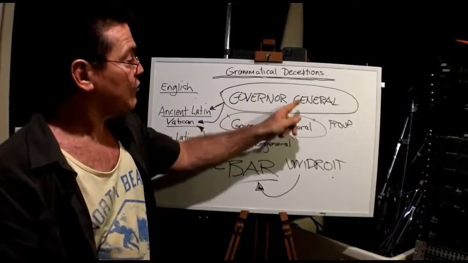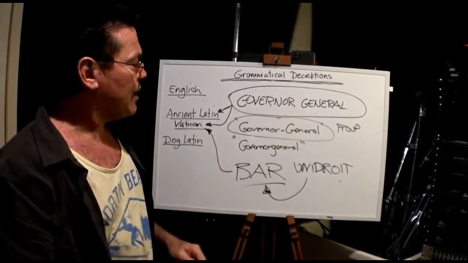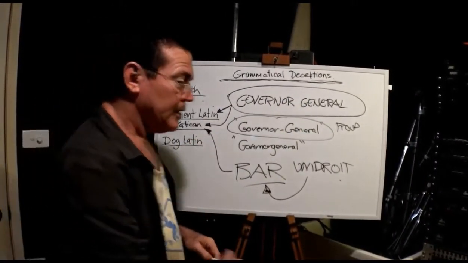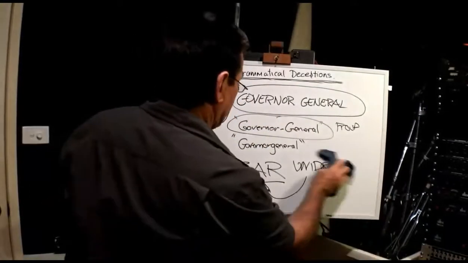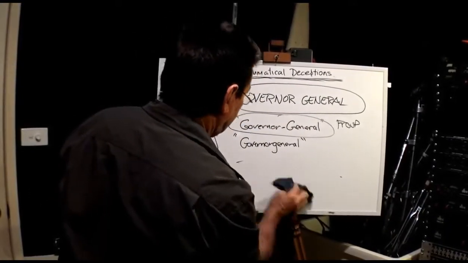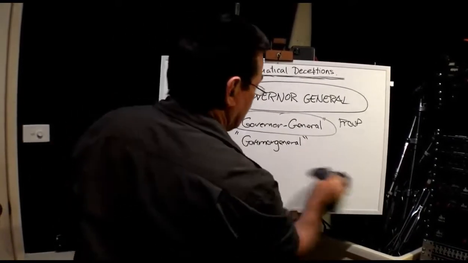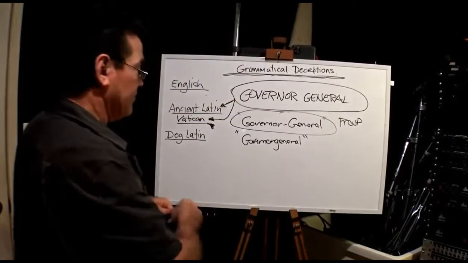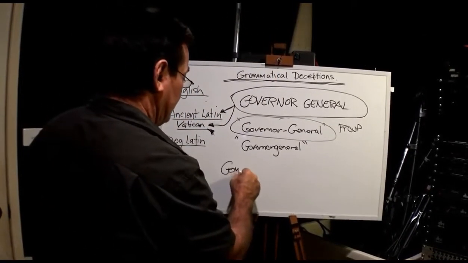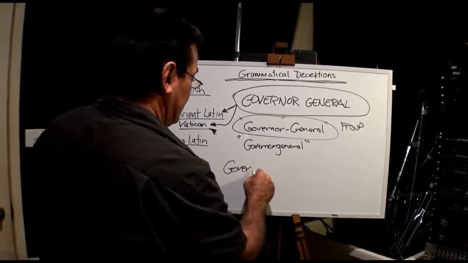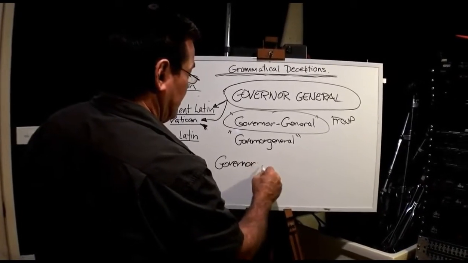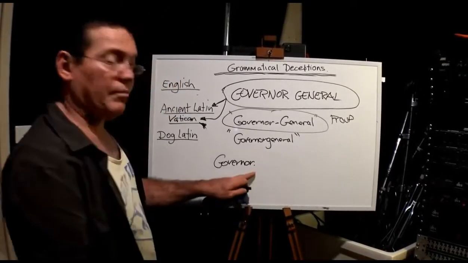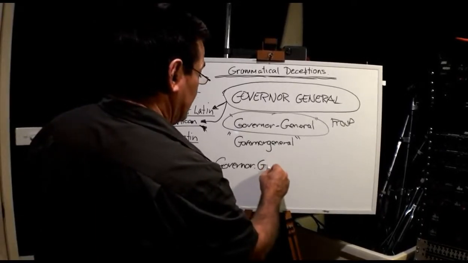If you translate this Governor General without the hyphen into English, it simply translates back like this. Full stop. General.